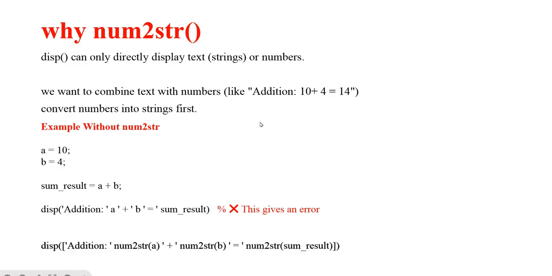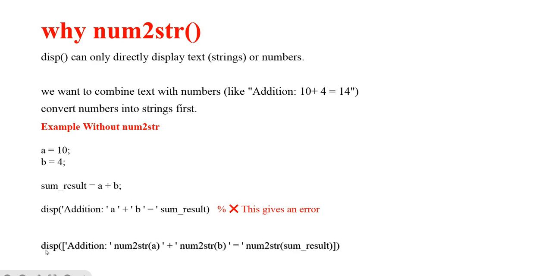If I use only the disp command and write Addition: a plus b is equal to sum_result, I will not get this output. Instead, I will get an error. So, in order to get such output, we need to convert the number into a string, and then it can be joined with the text.